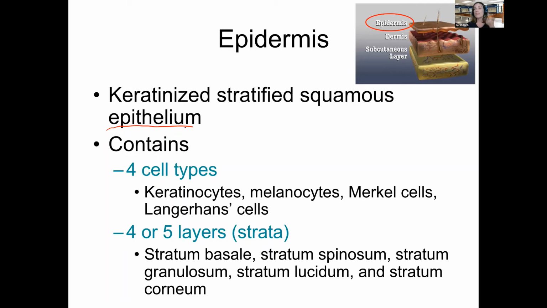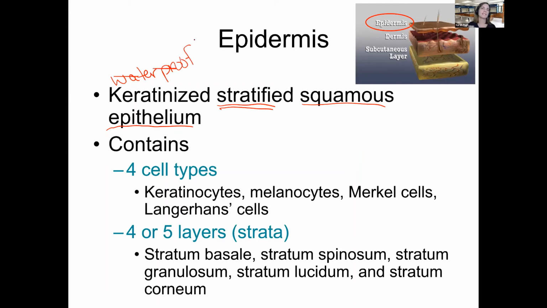The function of a simple epithelium is absorption, secretion, filtration. The function of a stratified epithelium is protection. So what's in your skin? The one that's protective, right? Stratified epithelium, it's a stratified squamous epithelium. More than that, it's keratinized. Keratin is that waterproof protein.